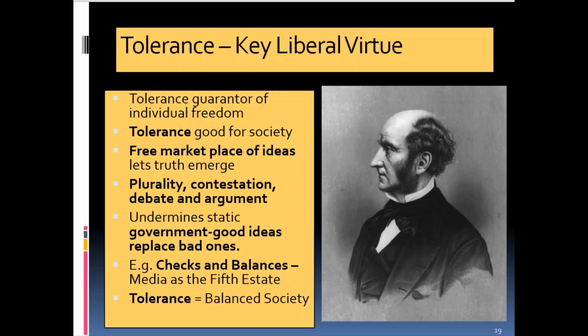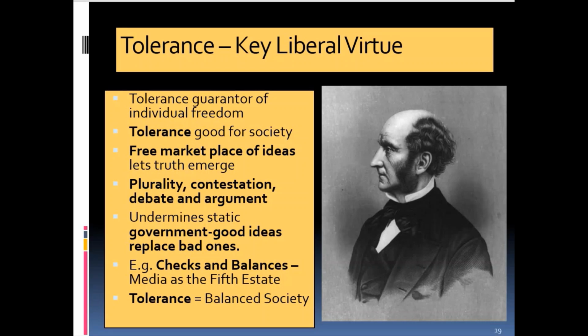So in a democratic society, for Mill, for example, the idea is that we would have a mixed constitution. So, for example, in the United States, you would have a version of that where you'd have a House of Congress, and you'd have a Senate, and you'd have the President, and you'd have the media, and you'd have the Constitution and the Supreme Court.